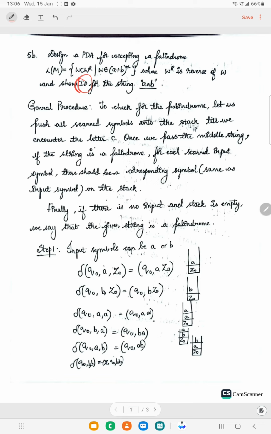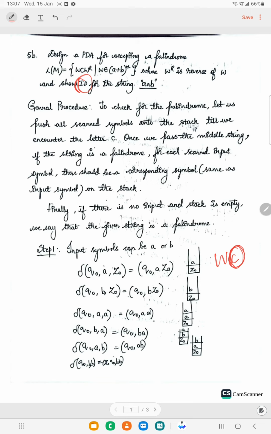Here I have mentioned the general procedure to check for the palindrome. First we have to push all the scanned symbols onto the stack till we encounter the letter C. C represents the middle of the string, followed by C we will have the reverse of the string.